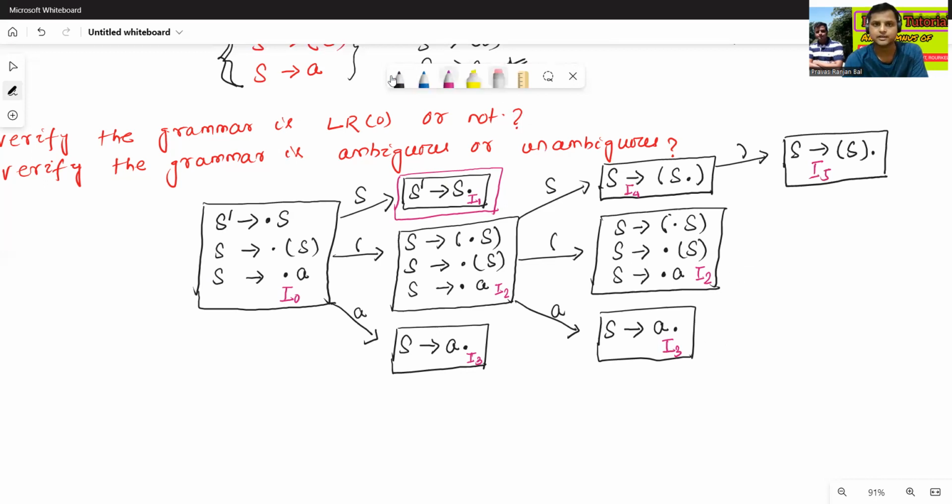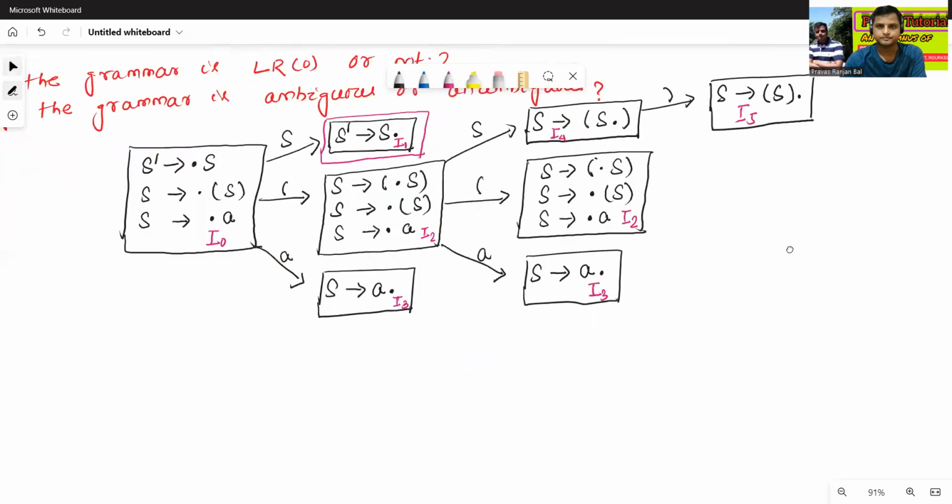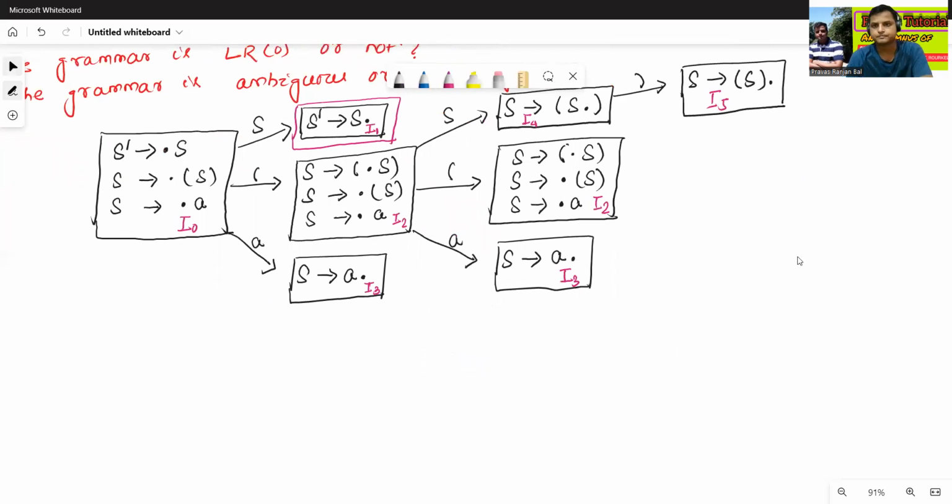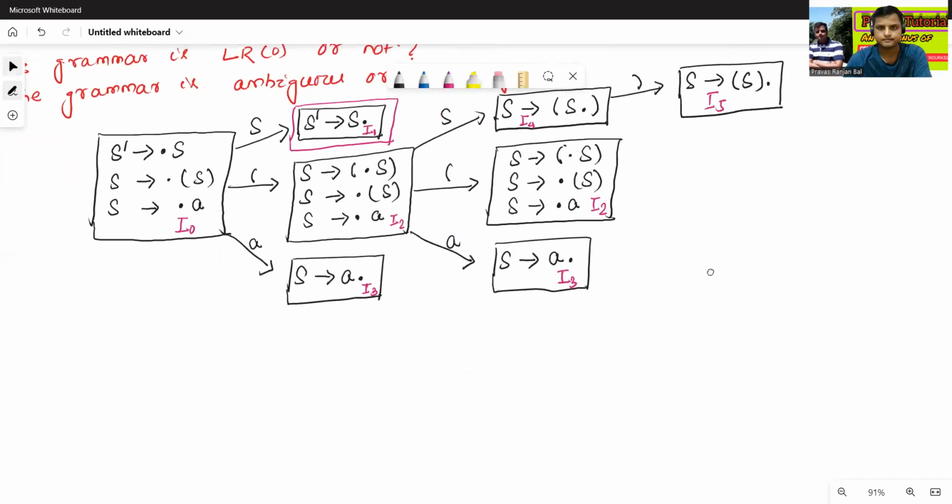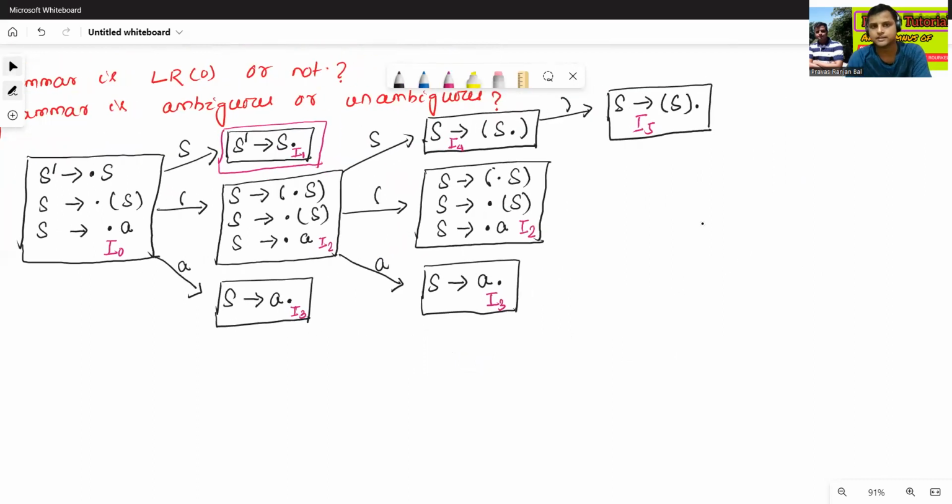Now we'll construct the table. What is the table size? The number of states are I0, I1, I2, I3, I4, I5, which means 6.